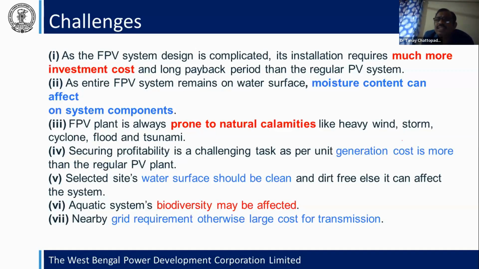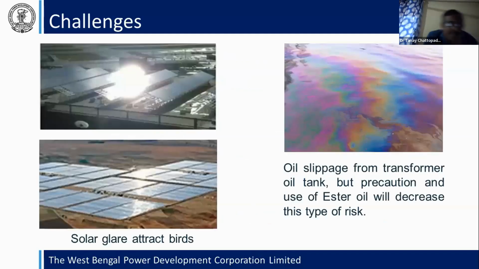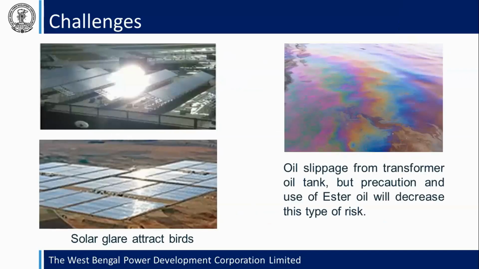Okay. And a nearby grid requirement is also there, which decreases the generation cost. And now there is the solar glare, which attracts birds, and oil seepage of the transformer. If the transformer is on the platform on the water bodies, then oil seepage can happen.